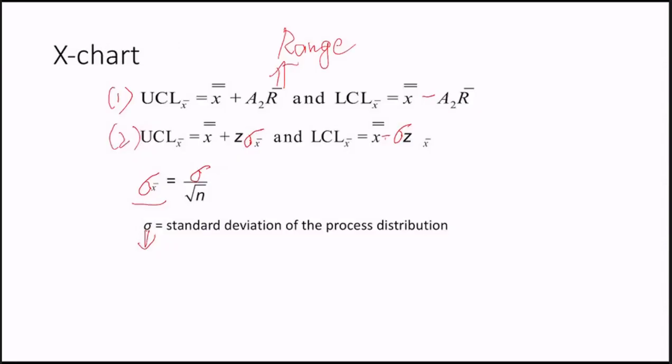If we want to obtain the X-bar chart, just like the requirements of problem 6, we need to start by calculating the sigma, the standard deviation, first, and then we move to calculate the standard error, which is the sigma x. Then we will be able to obtain the limits, both the upper and lower control limits, and you will be able to draw the control charts.